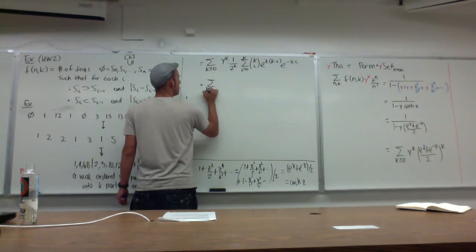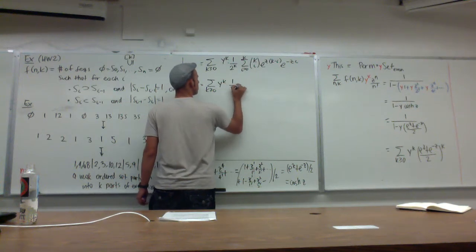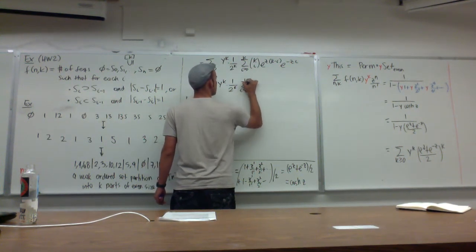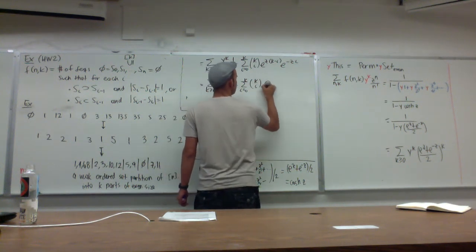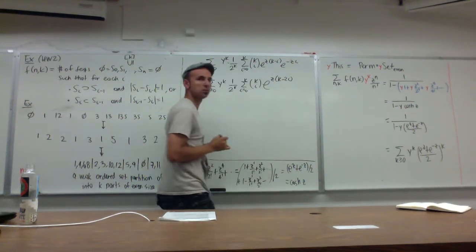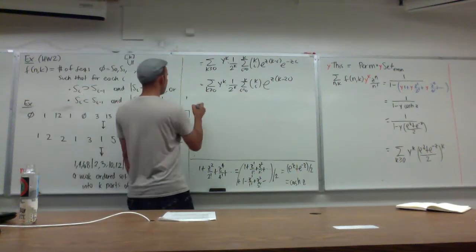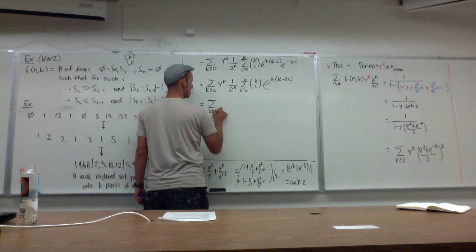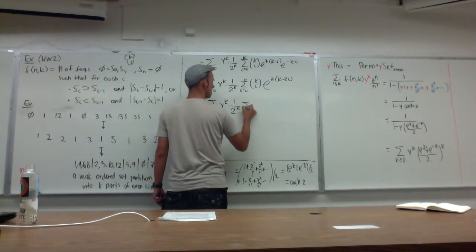Okay. So let's continue. y to the k, 1 over 2 to the k, sum i equals 0 to k, k choose i. Actually this is easy. This is just e to the z times k minus 2i. Okay. Now, let me take that thing and find the power series.